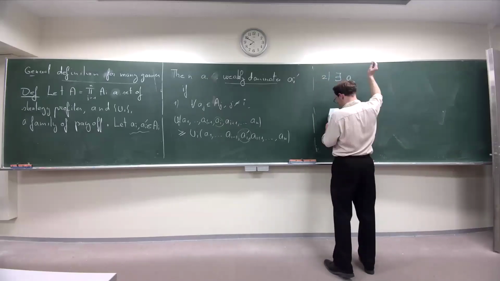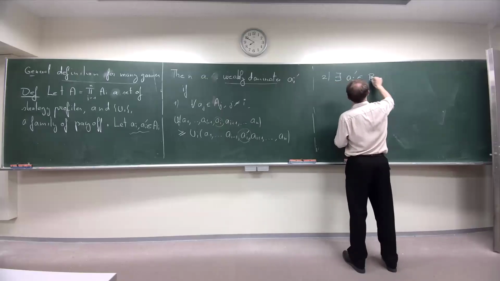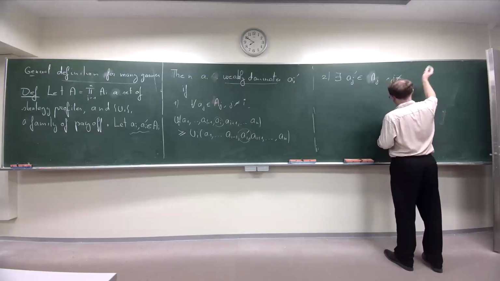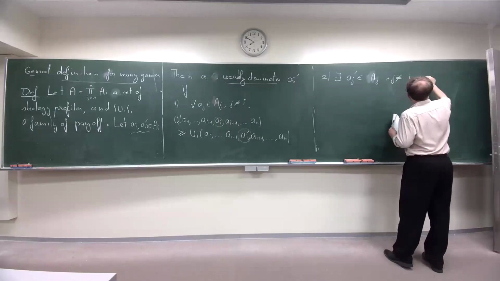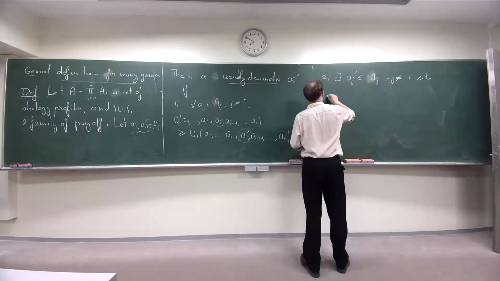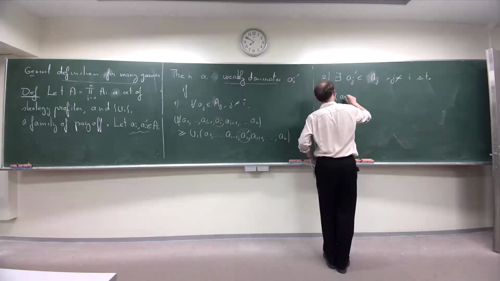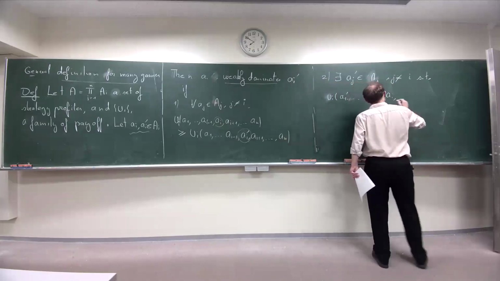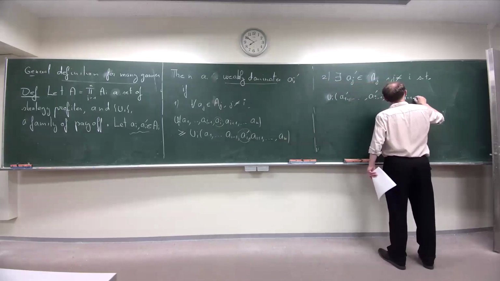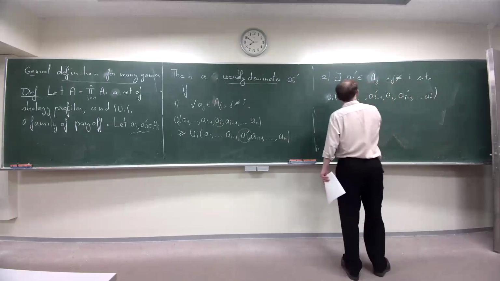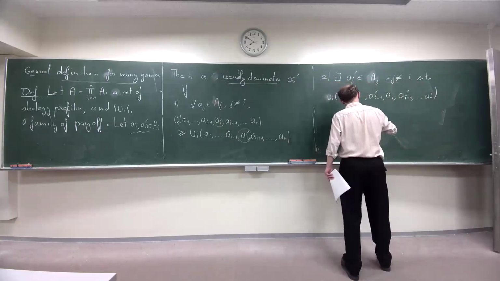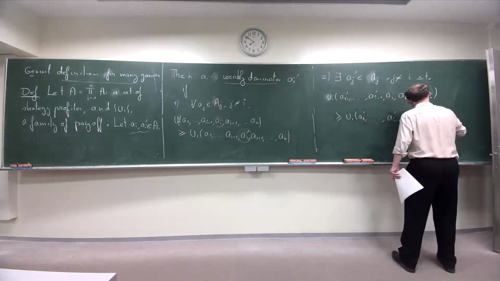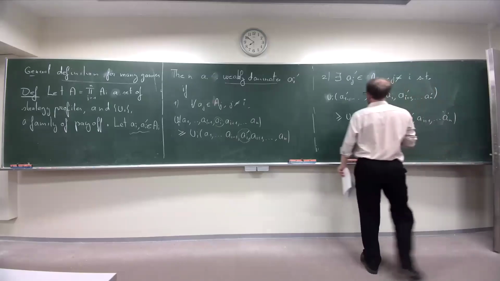There exists a j prime inside A_j, j different from i, so that if I look at U_i of a_1 prime, a_i prime minus a_i, maybe the notation is not the best one, this is bigger or equal to U_i at a_1. And this one is strict.